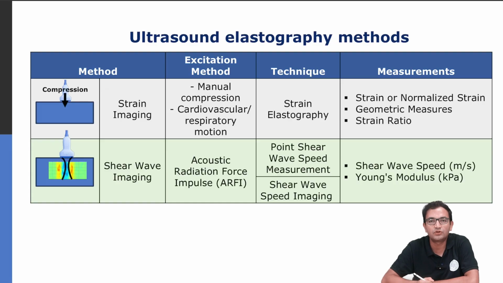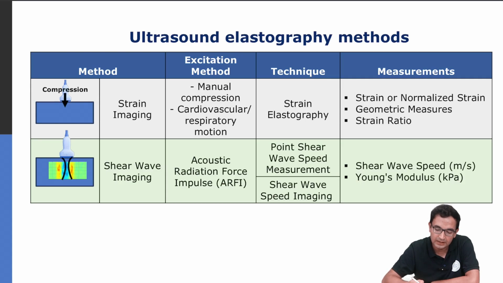Now, there are different elastography methods. There is a quasi-static method such as strain imaging, where a very gentle deformation is applied and the tissue is imaged and the strain is calculated to assess the mechanical properties. Then there are methods which require excitation, where you may consider shear wave imaging, where typically acoustic radiation force impulse is used to generate shear waves, or you may also have some mechanical shear wave generating devices or contraptions.